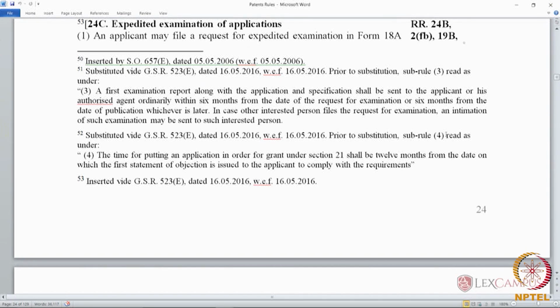Rule 24C1 states that an applicant may file a request for expedited examination in Form 18A.